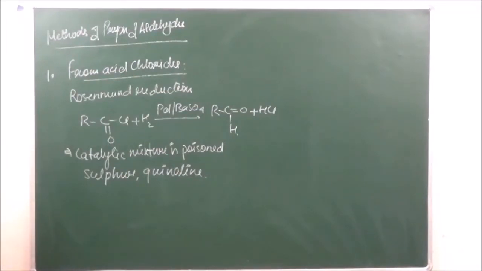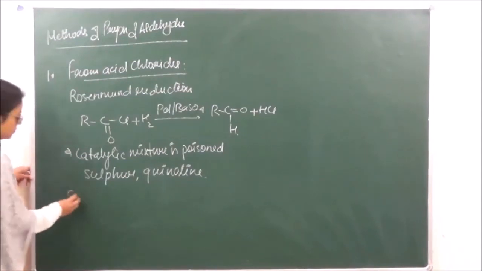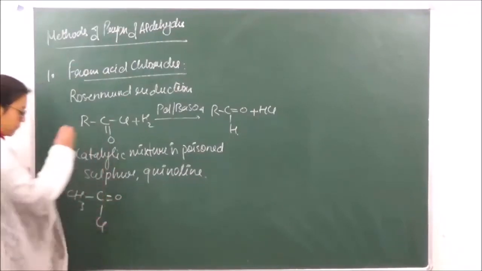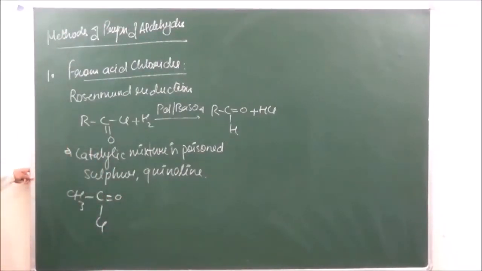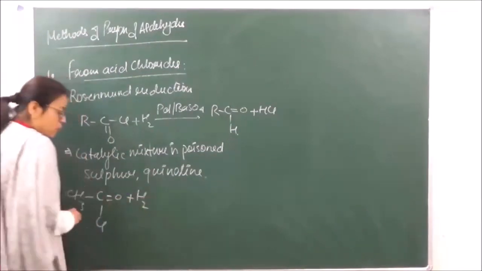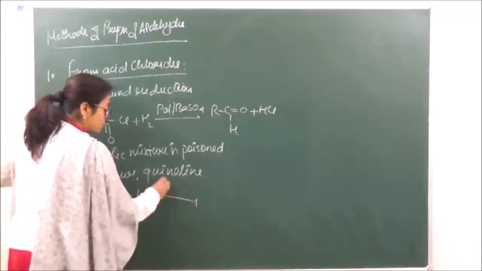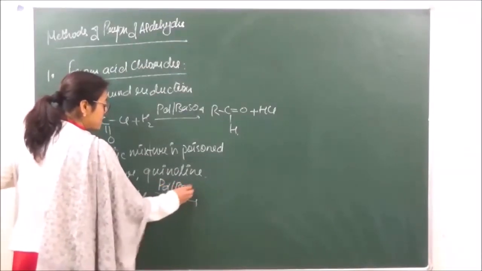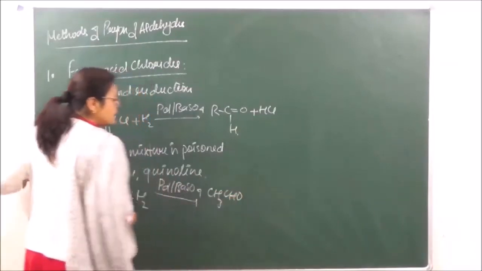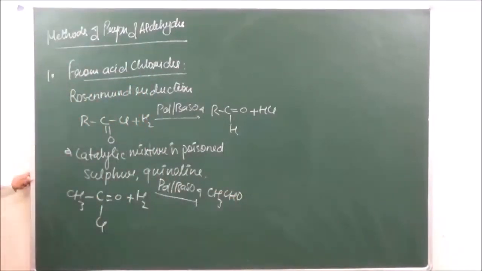Okay. Now let's take an example. We're taking over here ethanoyl chloride plus hydrogen in presence of palladium and barium sulfate. This is going to give us ethanal, CH3CHO. That is going to be the main product.